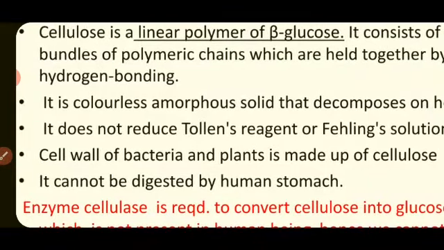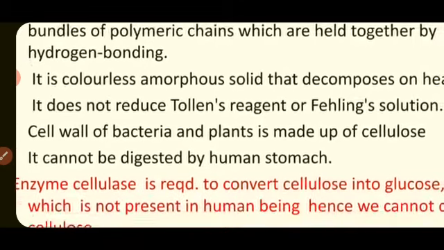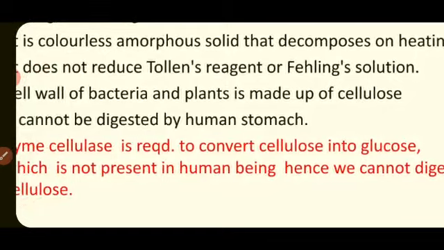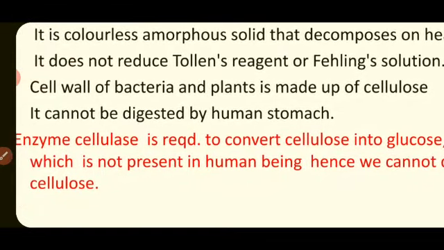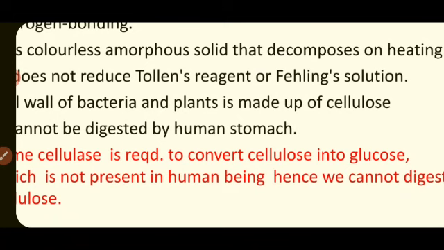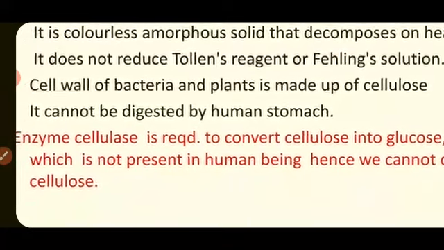Means glycosidic linkage is there, simultaneously hydrogen bonding is also there. It is a colorless amorphous solid that decomposes on heating. It does not reduce Tollens reagent or Fehling solution, means it is non-reducing.